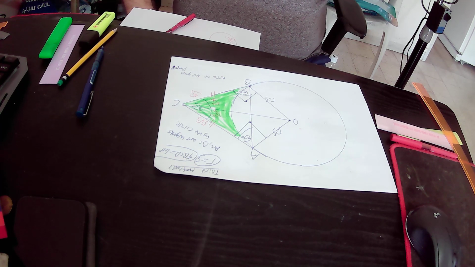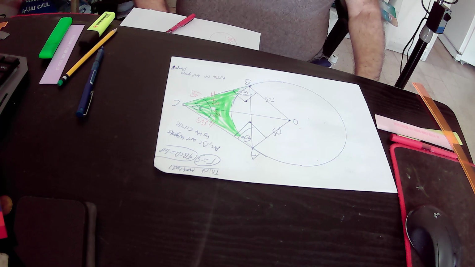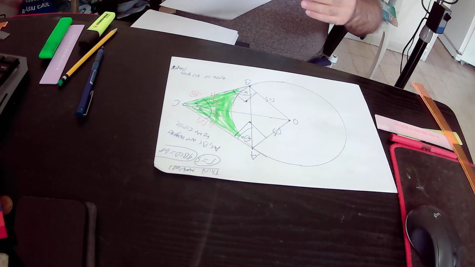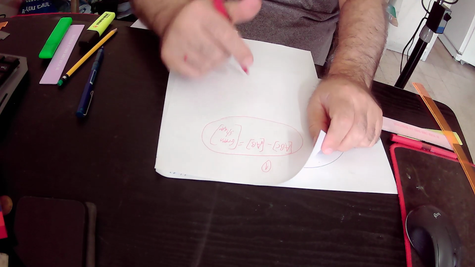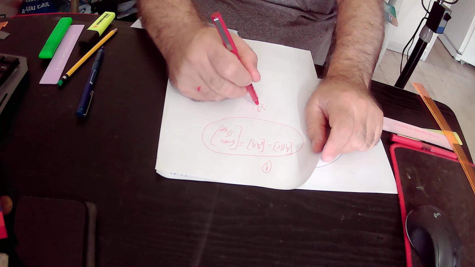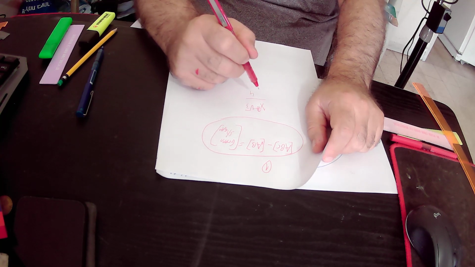And what is the area of equilateral triangle ABC? As I have already proved in the previous methods, the area of an equilateral triangle equals x squared times root 3 over 4 square units.